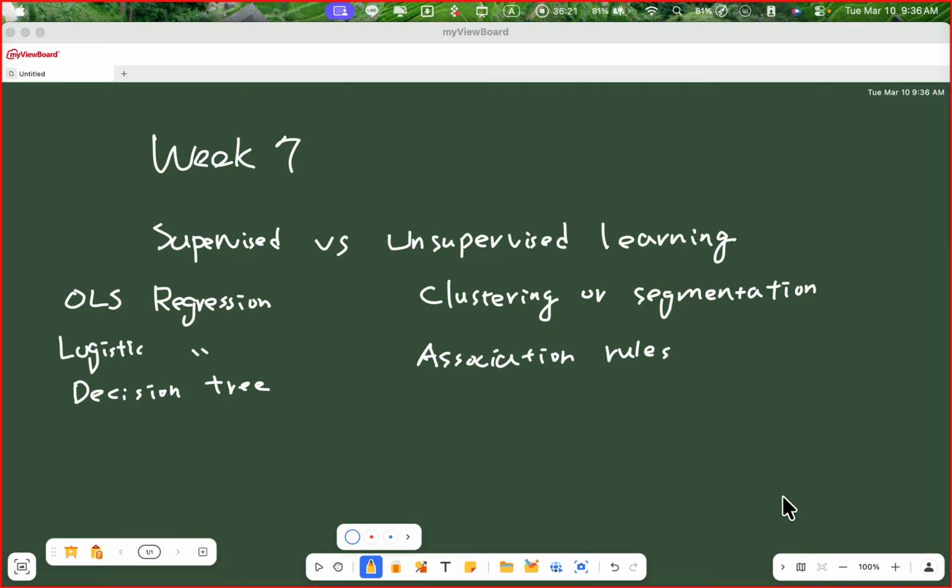Something like a label. Label, good. Label about X or label about Y? About Y. Label about Y, right?